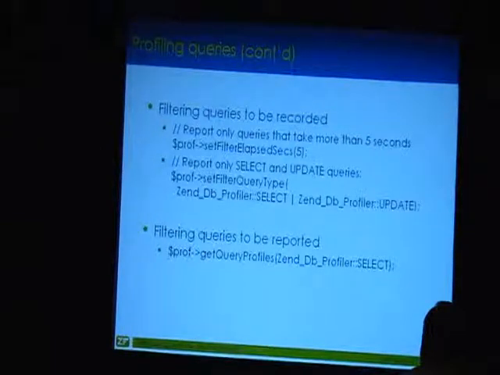You may only want to know about the ones that were taking more than 5 seconds, for example. And then subsequently, you can filter the report further by specifying a value corresponding to the type of query that you want to see the report about. So even though they have collected data about select and update using these constant definitions to specify them, you only want to see a report of a subset of those.